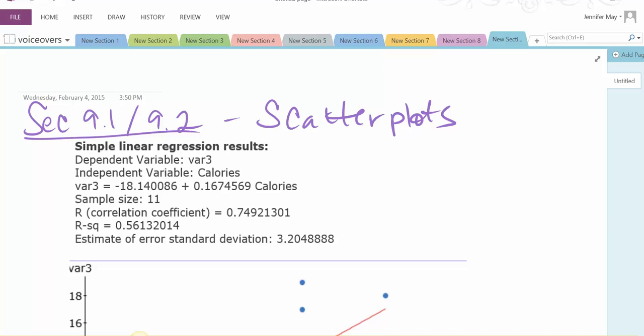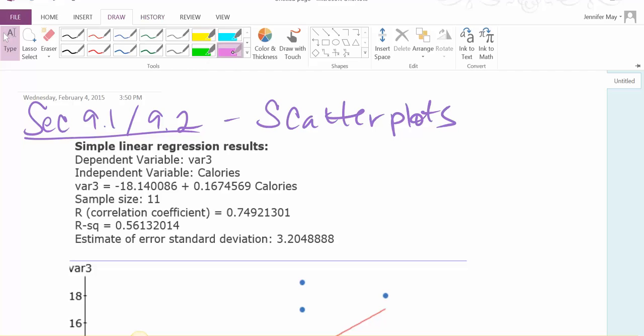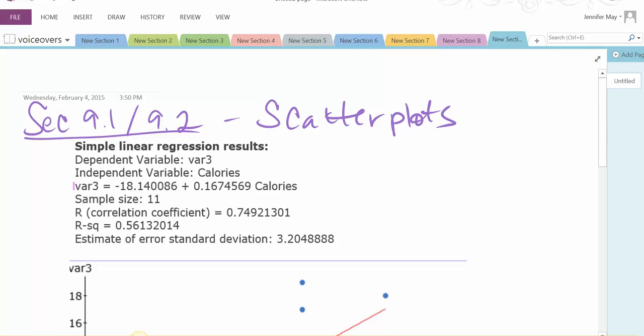The way they give the simple linear results to us is they use the variables that we typed in. So instead of using y, they're using variable 3. And it's equal to this -18 plus this 0.167-ish times the calories. So we would probably write it as y equals mx plus b.